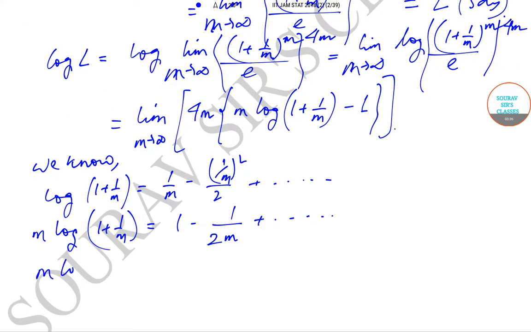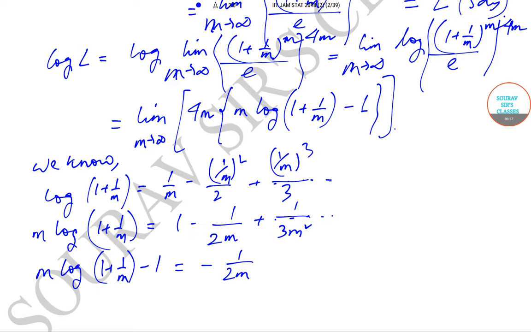So m log(1 + 1/m) minus 1 will be given by −1/(2m) + 1/(3m²) and so on.